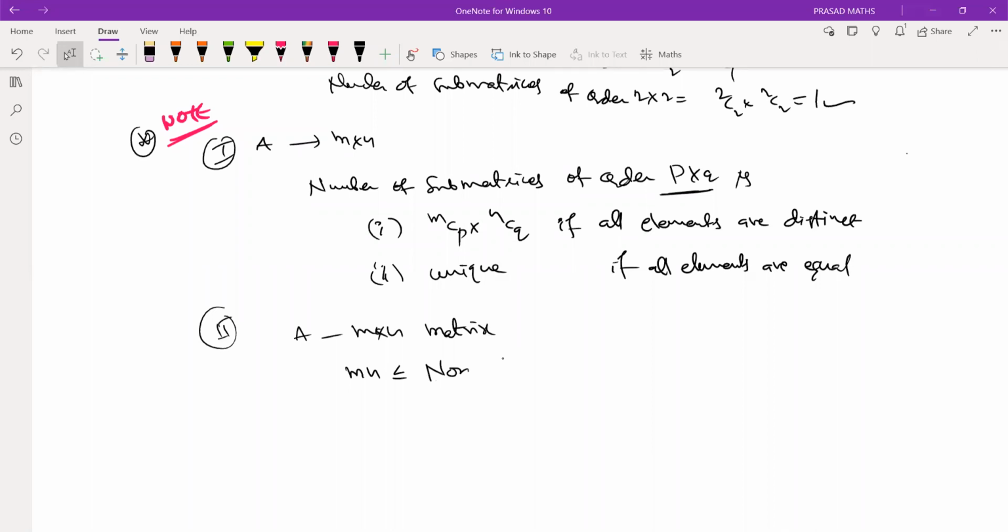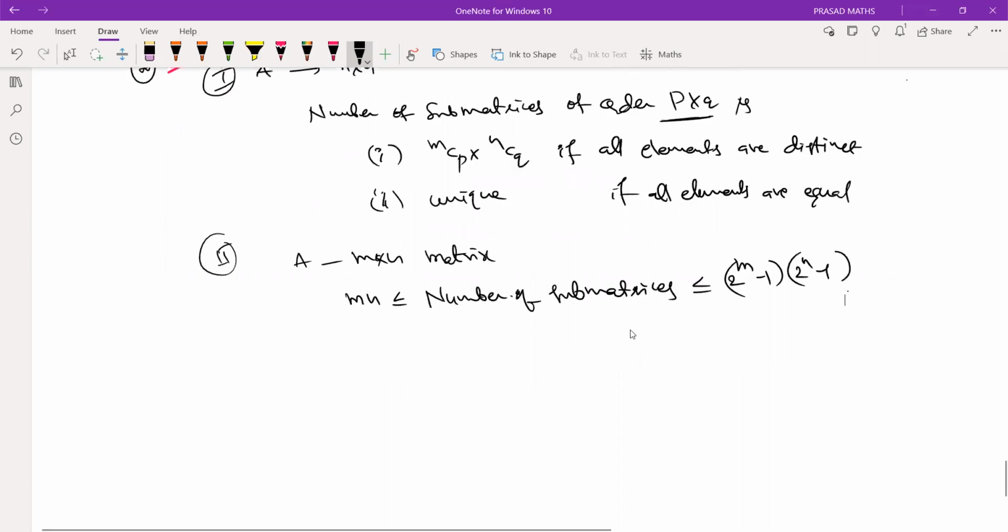Number of submatrices, all number of submatrices of 1 cross 1, 2 cross 1, 3 cross 2, is bounded below by mn and bounded above by 2 power m minus 1 into 2 power n minus 1. Is it right or not? Yes or no? Why? Because what is this actually?